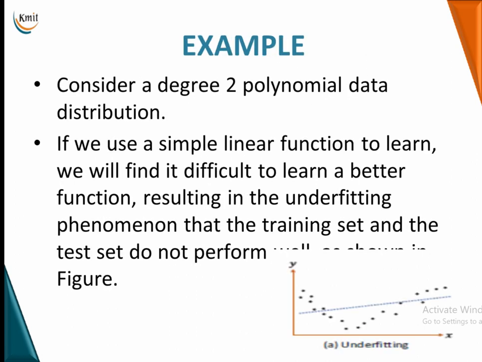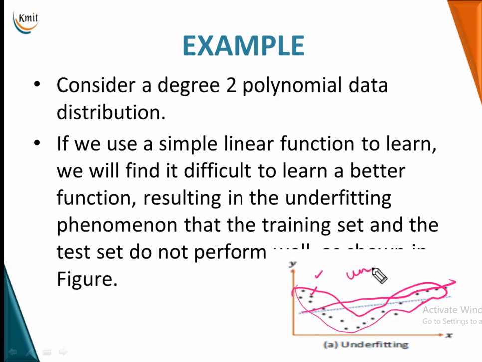Now for an example, to see it in depth again, consider a 2-degree polynomial data distribution. You can see these sample dots on your screen. These are your degree 2 polynomial data distribution. Now suppose you choose a simple linear function, which is a straight line. You can see the straight line is not crossing or even approaching any of these samples, correct?